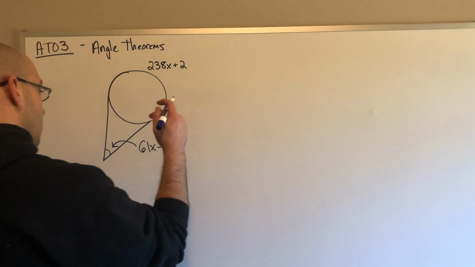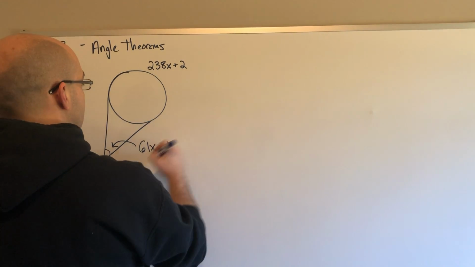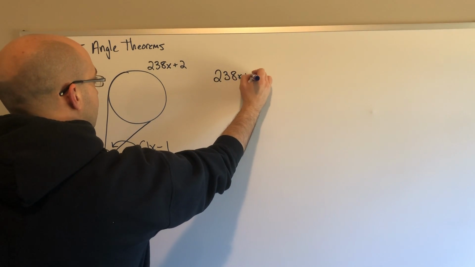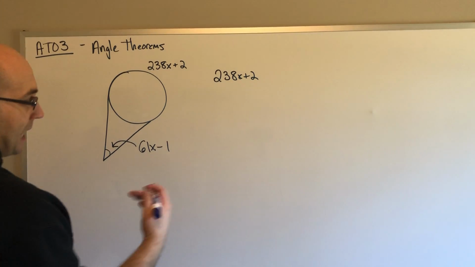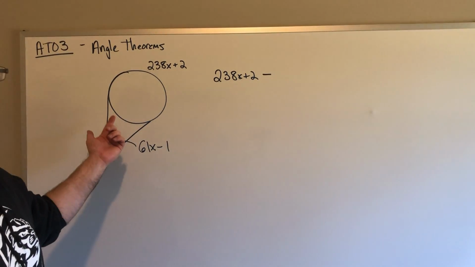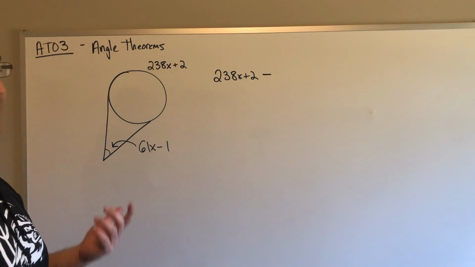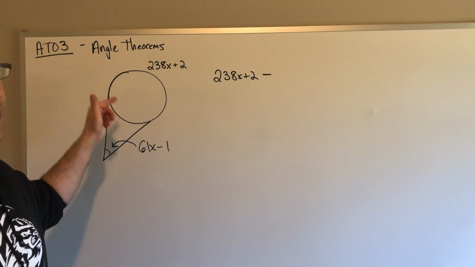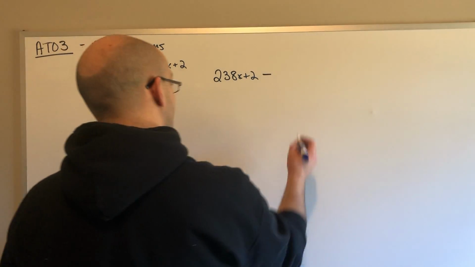I know that the major arc is 238x plus 2. Now, I'm going to subtract that from the minor arc, but I don't know what the minor arc is. I have no indication of that. So we have to use the only other piece of information we're aware of, which is 360 degrees, as a quantity.